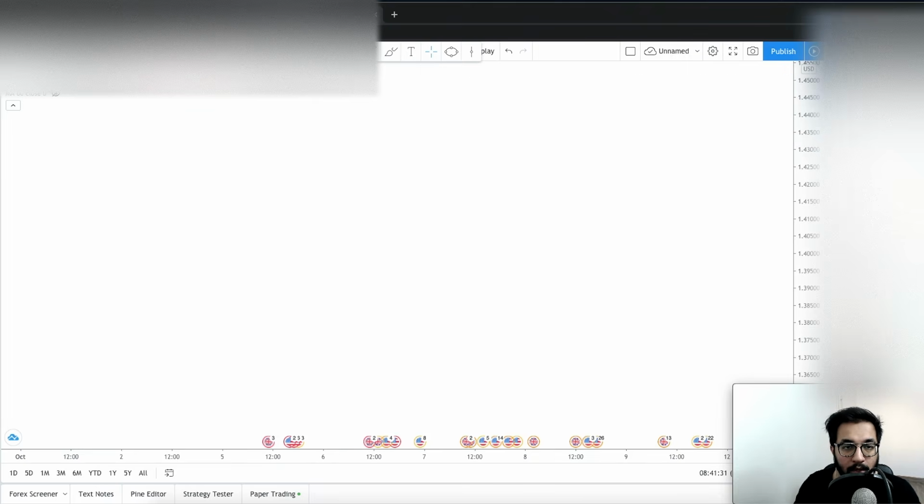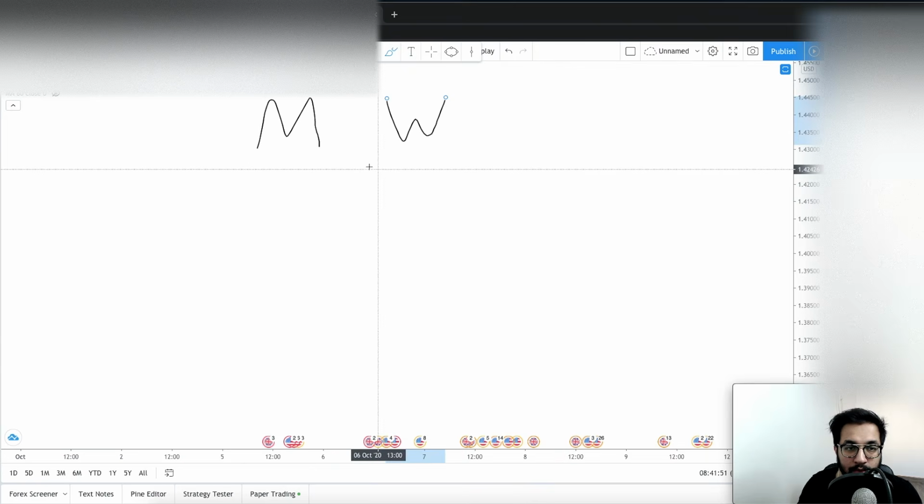Okay, so the very first two shapes that you guys might hear about are these. Actually, let me draw it like this. So yeah, there we go. So the very first shapes that you are introduced to as a retail trader, as a beginner to Forex, are these two right here.